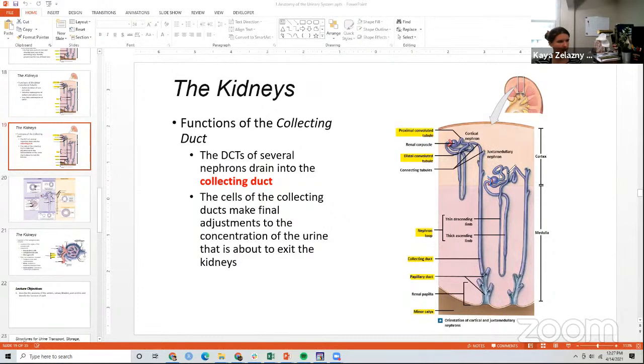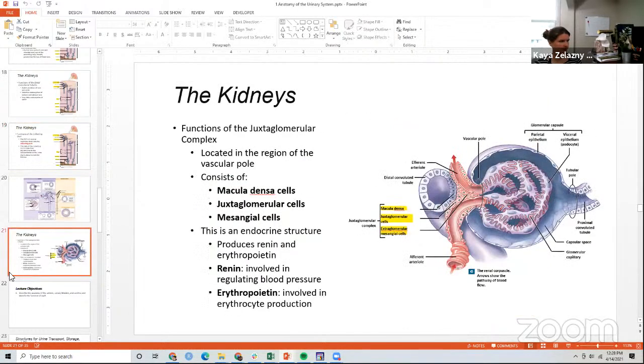Our nephron goes, does its thing, it's looping around through the loop of Henle, but ultimately it comes and passes by the glomerulus again. And so if we zoom in on just that part, we have our juxtaglomerular complex. Okay, so that's here. And it has three different types of cells we're interested in. So we're interested in all three of these.